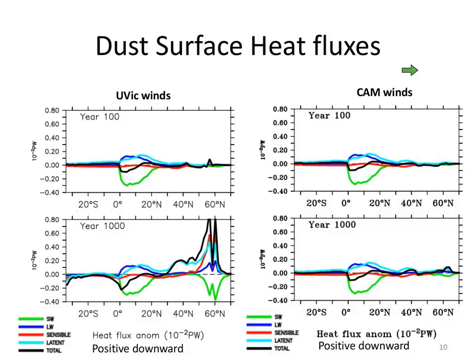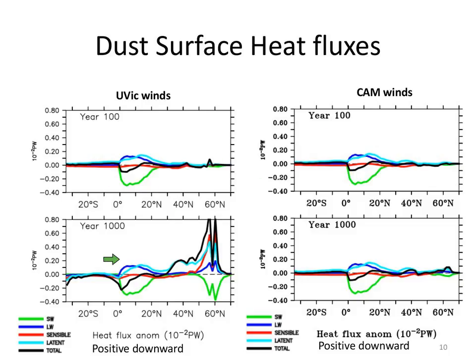So we try to understand the heat fluxes, how they behave under the dust forcing. In the first 100 years, the UVic winds and CAM winds are very similar. We have a shortwave decrease compensated by latent and longwave radiation, mostly in the northern tropics in both models.